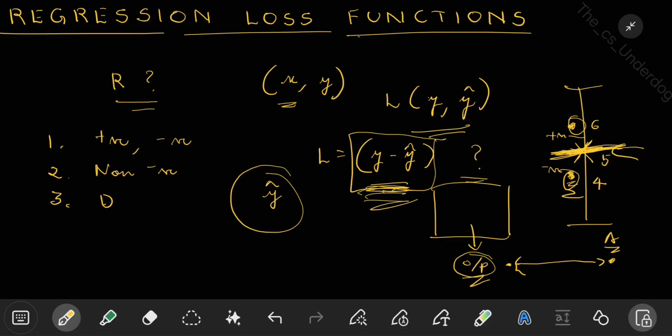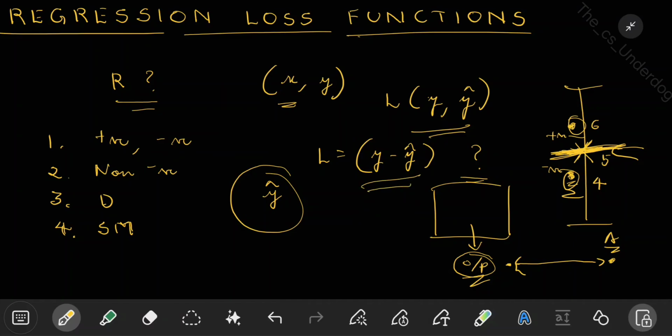So if you simply take y minus y cap, it lacks a clear statistical meaning, or you can say a statistical objective of what you are actually going to do. When we learn about loss functions, you'll see that each of them has a clear statistical meaning which adds more value to the loss function. So your fourth point is that you should have a statistical meaning. That is one more reason why you should not simply go with y minus y cap.